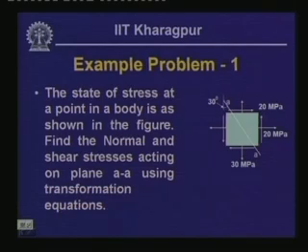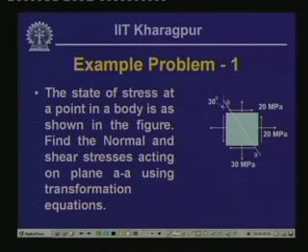Now, this is the problem which I had posed to you last time, that the state of stress at a point in a body is represented here, where we have sigma x as 20 megapascal, sigma y as 30 megapascal, and the shearing stress as 20 megapascal.